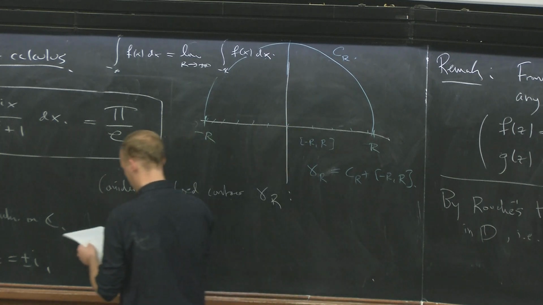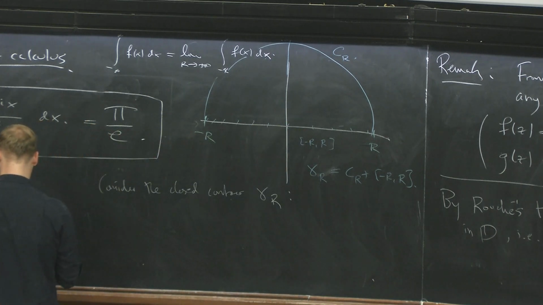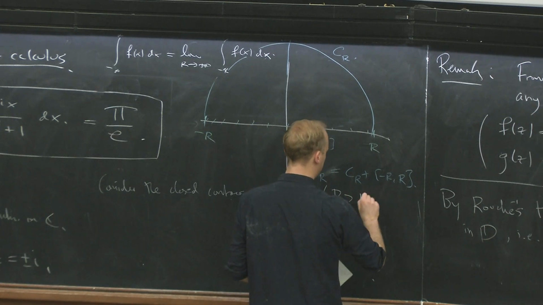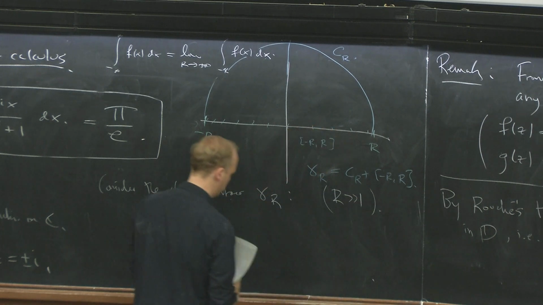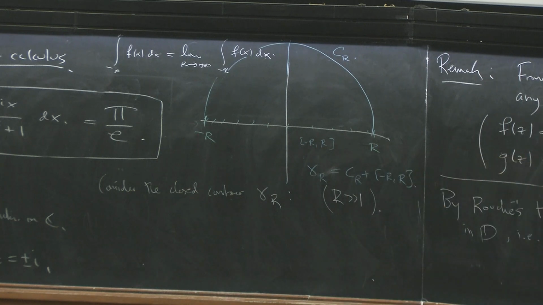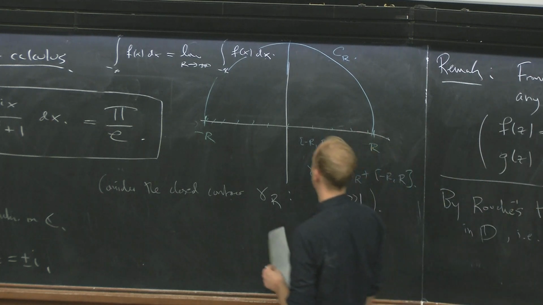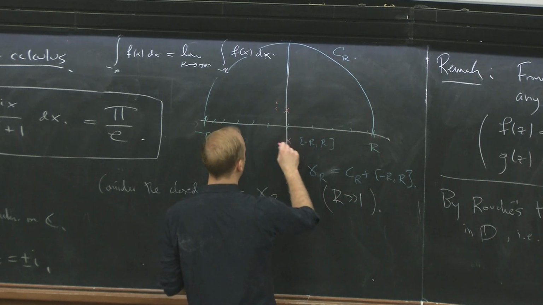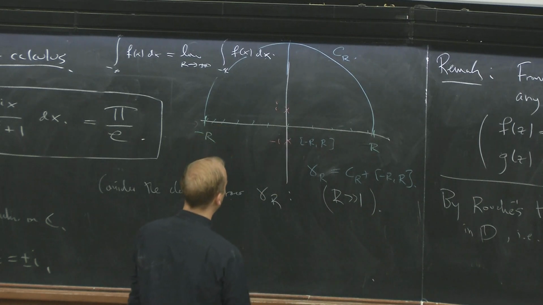Yeah, so let's take r usually much larger than 1. So we'll want r to go to infinity. And then we note that we have these two poles. When we want to apply the residue theorem to compute this integral, we have the pole i inside, and then we have the pole minus i, which is outside.